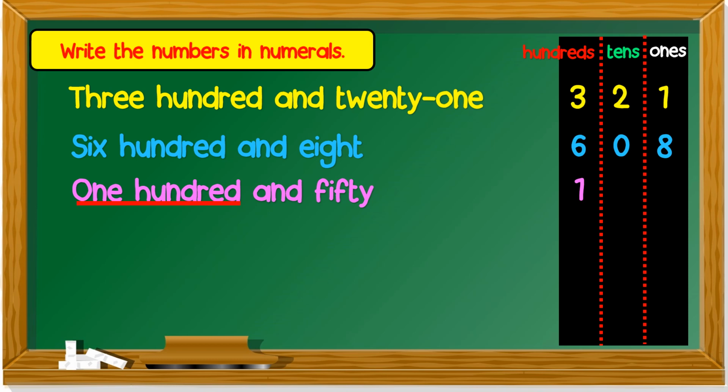Any TY? 50. 50 is 5 tens. So we write 5 in the tens column. Any ones? No, no ones. So we write 0. 150 is 150.